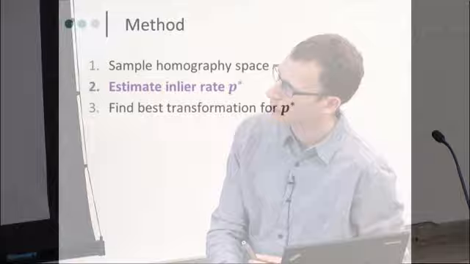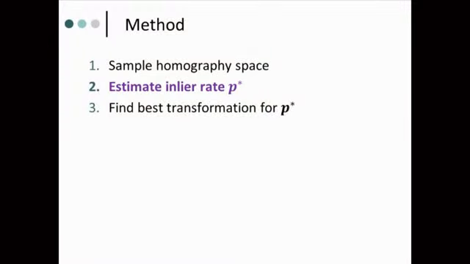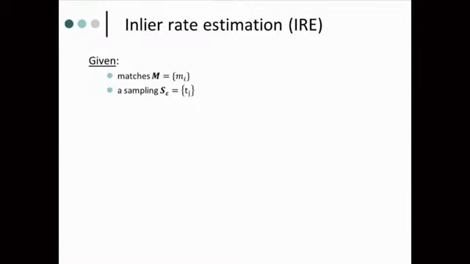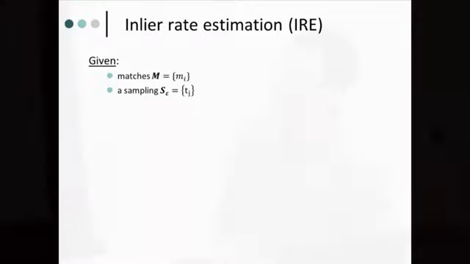Now, technically, how do we use this to estimate the inlier rate? So we're given a list of matches M. And we constructed this sampling of transformations S epsilon. So if there are m by n grid points, you construct the complete 2 to the mn potential homographies? Yes, but again, the idea will be to start with a very coarse sampling.